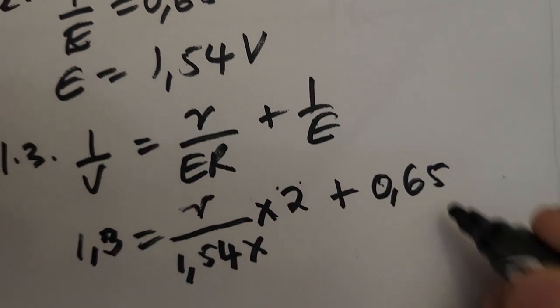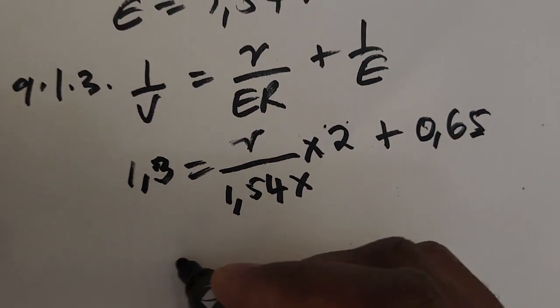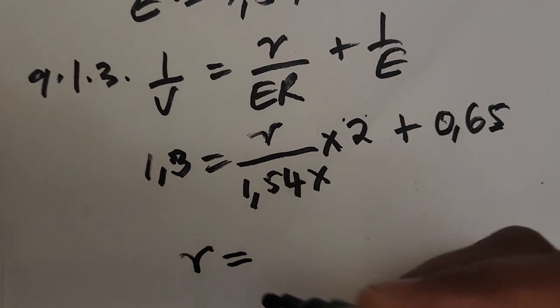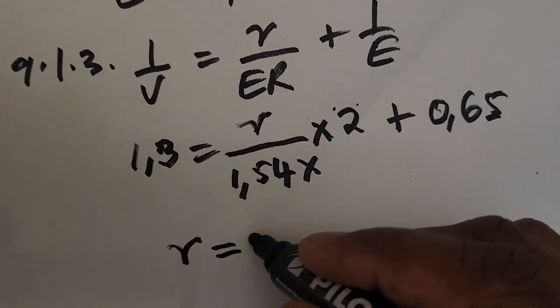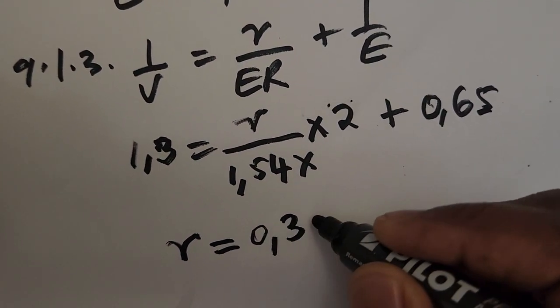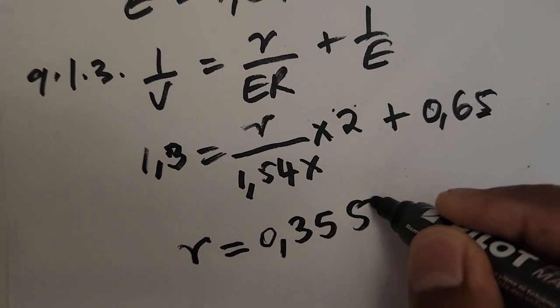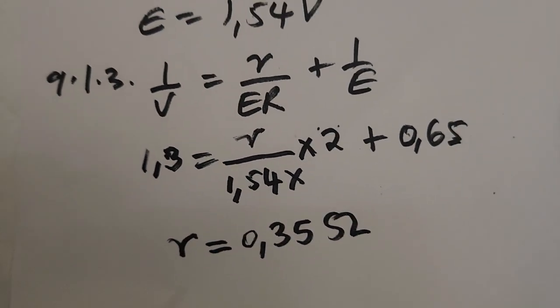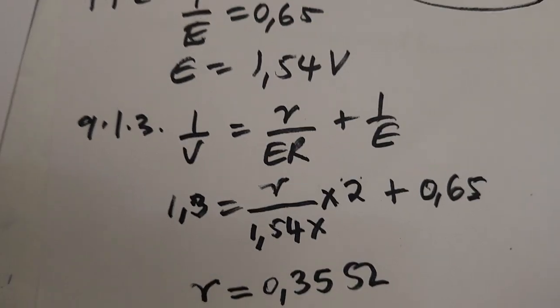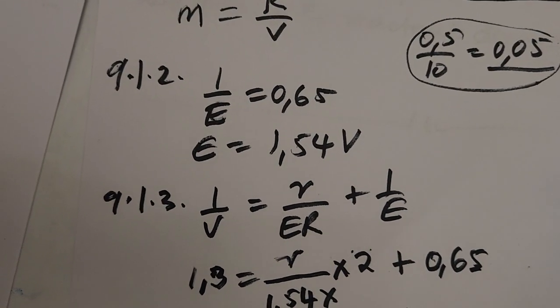If you use your calculator in this case, you will find that the value of r will be 0.35. Very interesting calculation. This is how graphs make it so easy. I hope now you can get and follow.